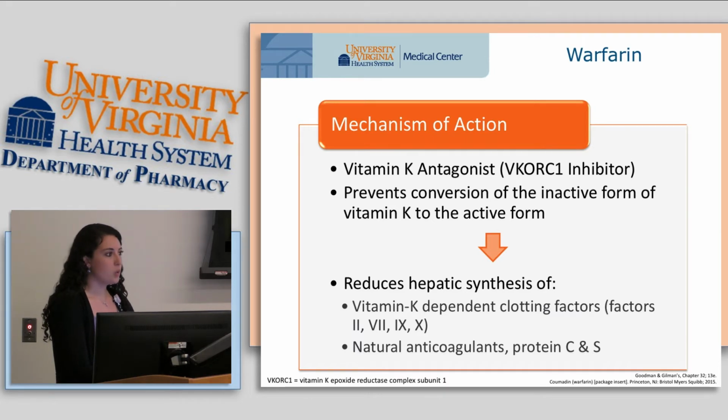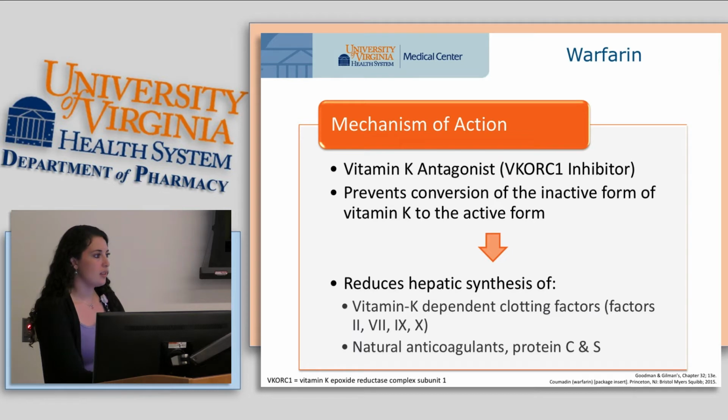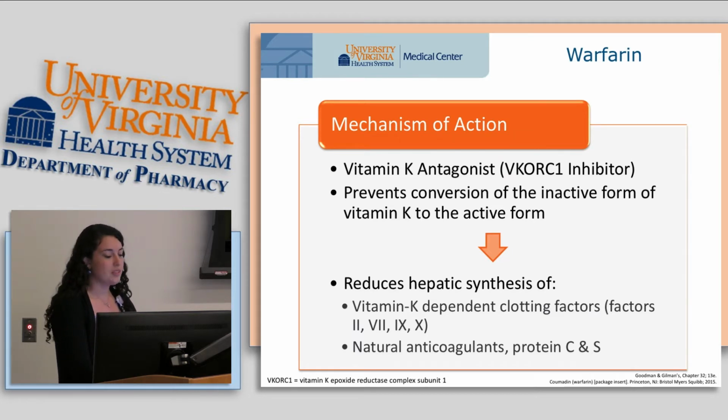But when we give a patient warfarin, it prevents the conversion from inactive to active vitamin K, and so without the vitamin K, it reduces the hepatic synthesis of multiple clotting factors, specifically 2, 7, 9, and 10.